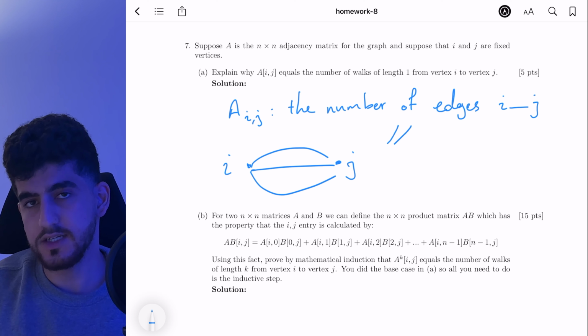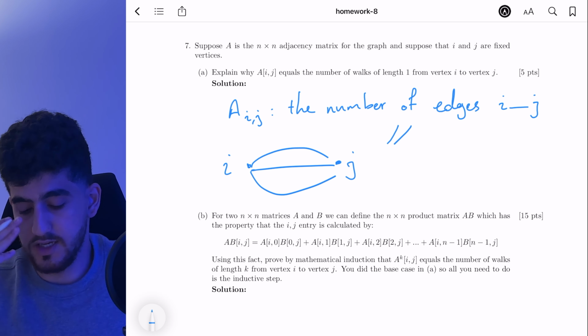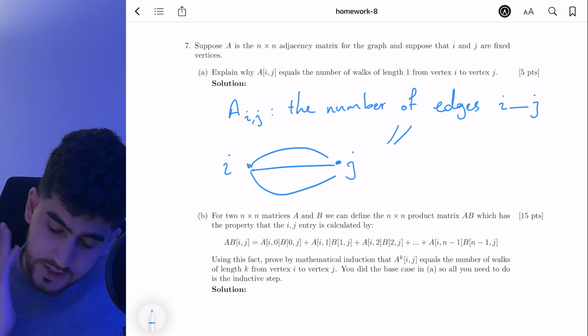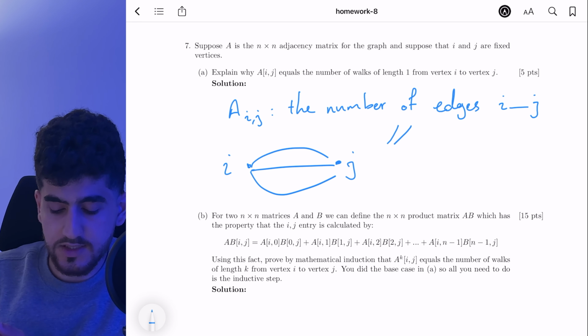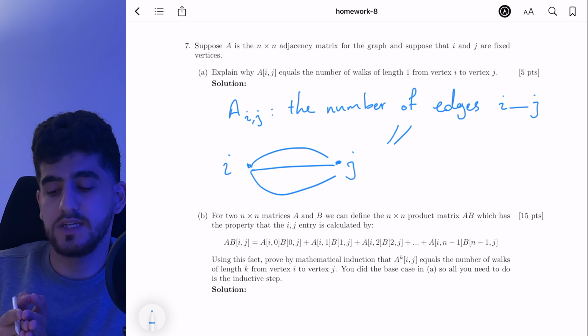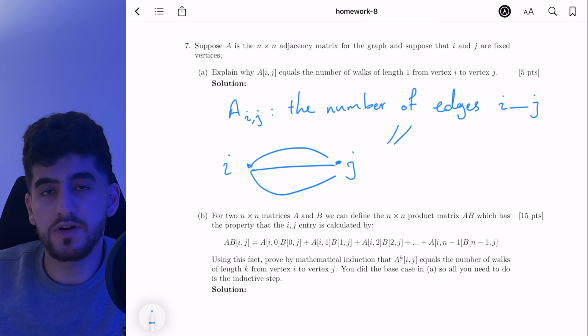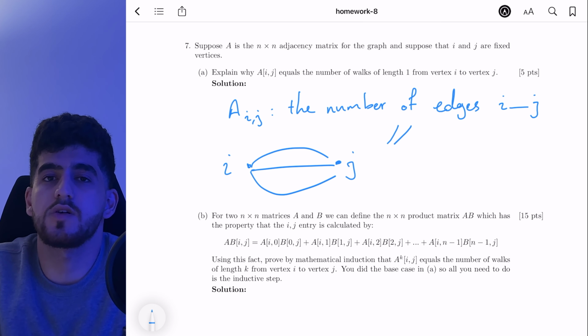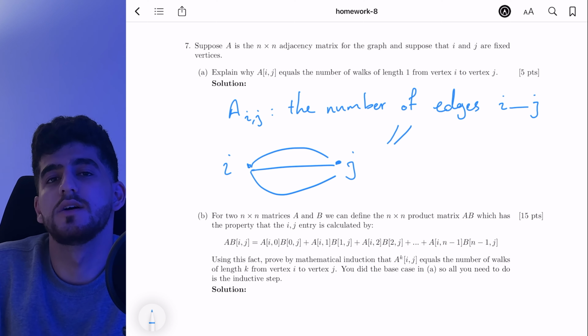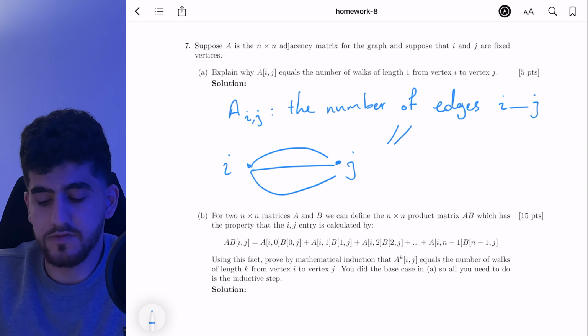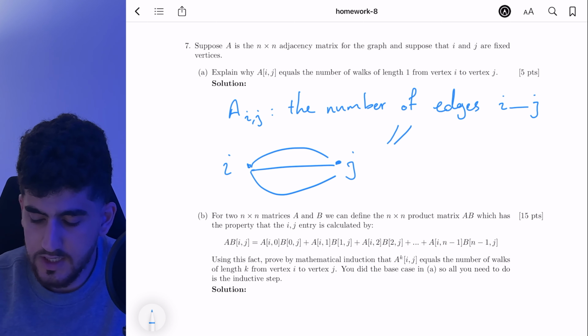So A of i and j is equal to the number of edges between i and j, and the number of walks of length 1 between i and j is also equal to the number of edges between i and j. Both of them are the same number. So this is solved.